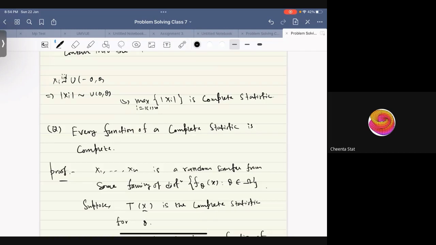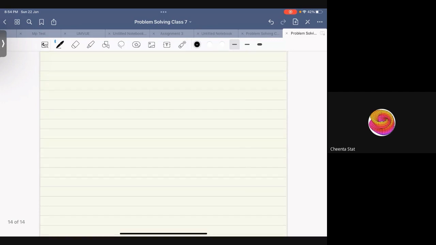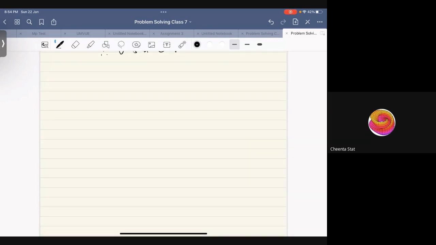The next thing is that I am giving you a problem that will be like the last problem today. It is a use of Basu's theorem.